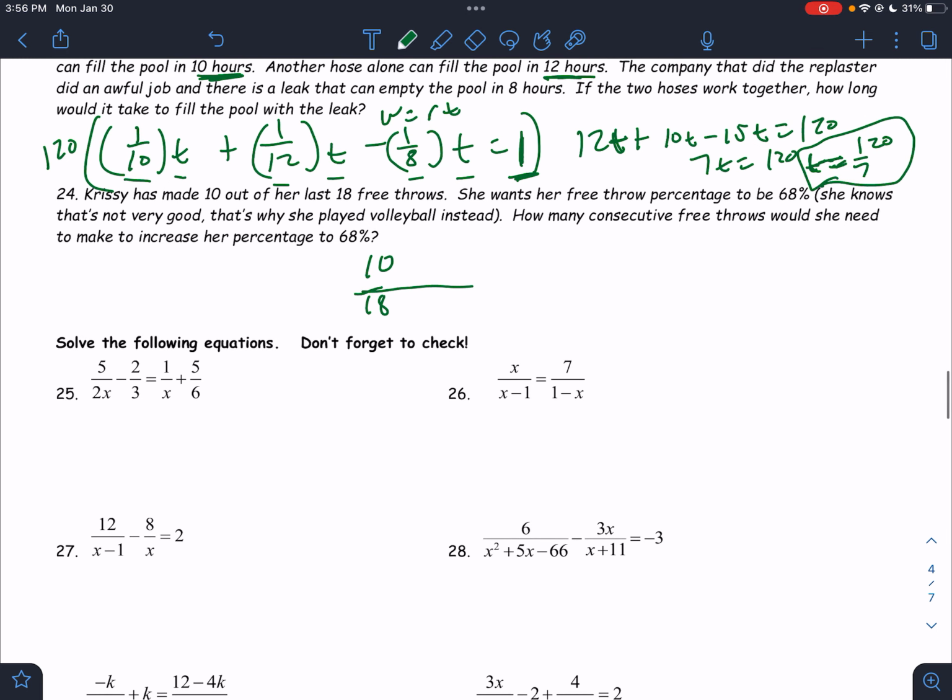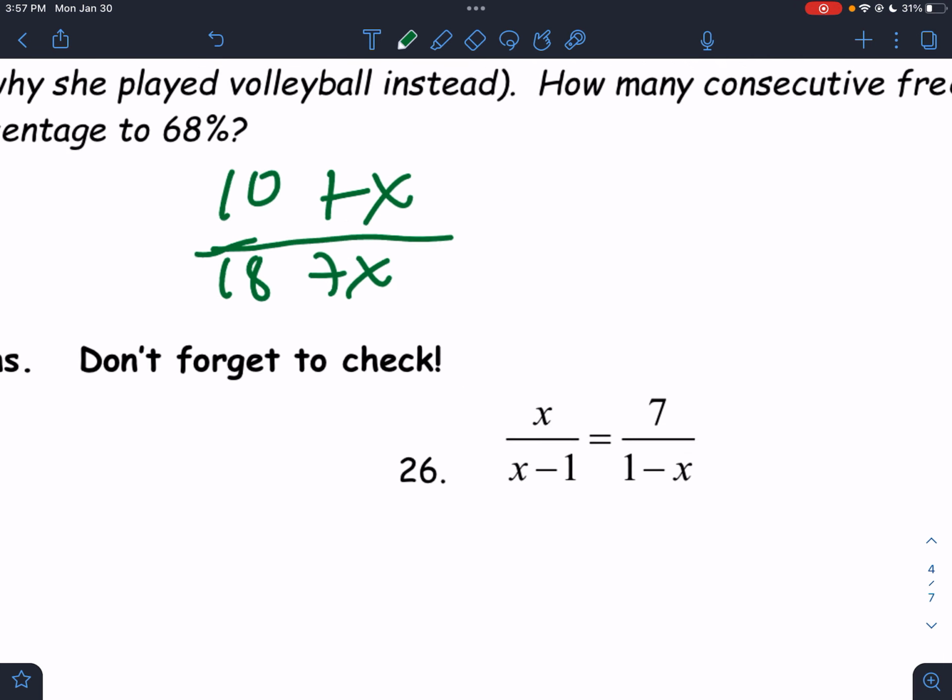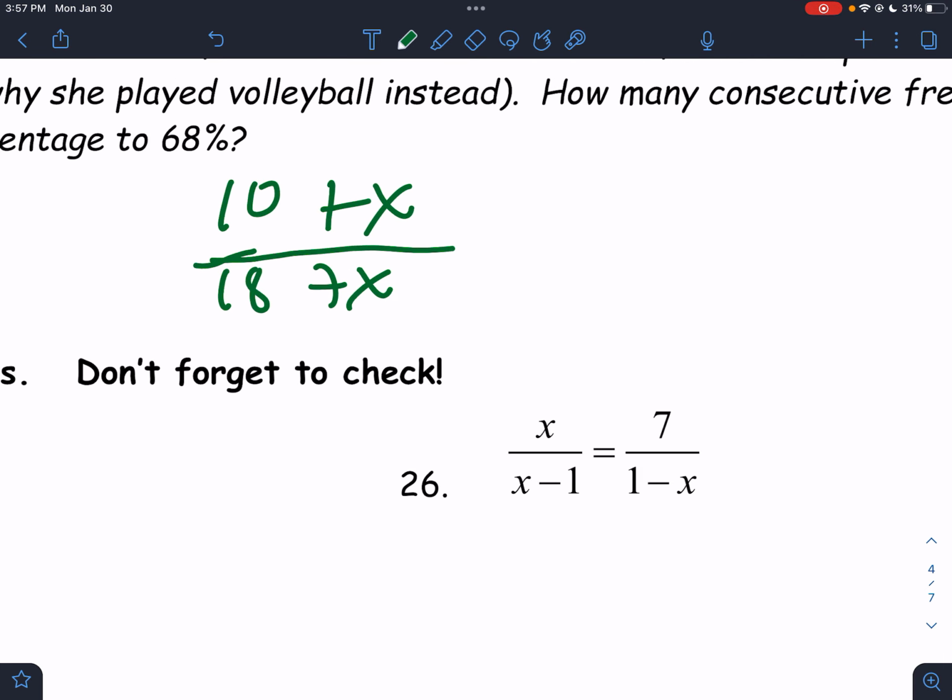So let's say she takes one more shot. Well, now she's 11 out of 19 if she makes it. Then she'd be 12 out of 20 if she makes it. Then keep going and going until it's 68%. So I'm going to do plus X on top and bottom. It's got to be the same number. She's making every shot from here on out, right, guys?